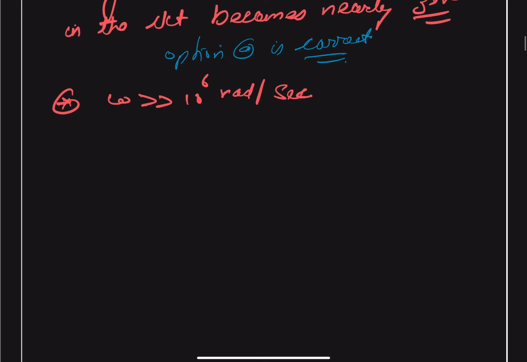So in this case also, we can write that our inductive reactance, that is XL, which is omega L, increases significantly because there is a direct relationship between omega and inductive reactance. So XL increases significantly.